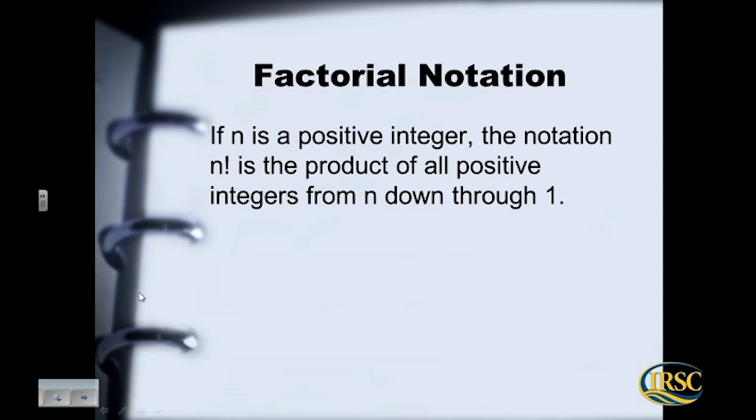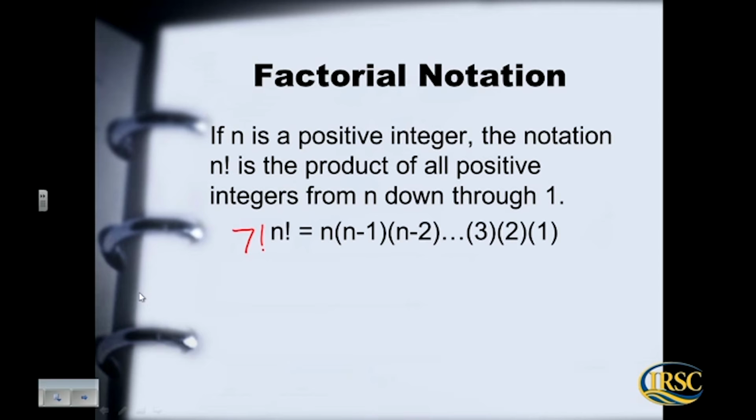So we just saw 7 factorial. That's how you say it: 7 with an exclamation mark, you would say 7 factorial. And that meant 7 times 6 times 5 times 4 times 3 times 2 times 1, which gave you 5,040.